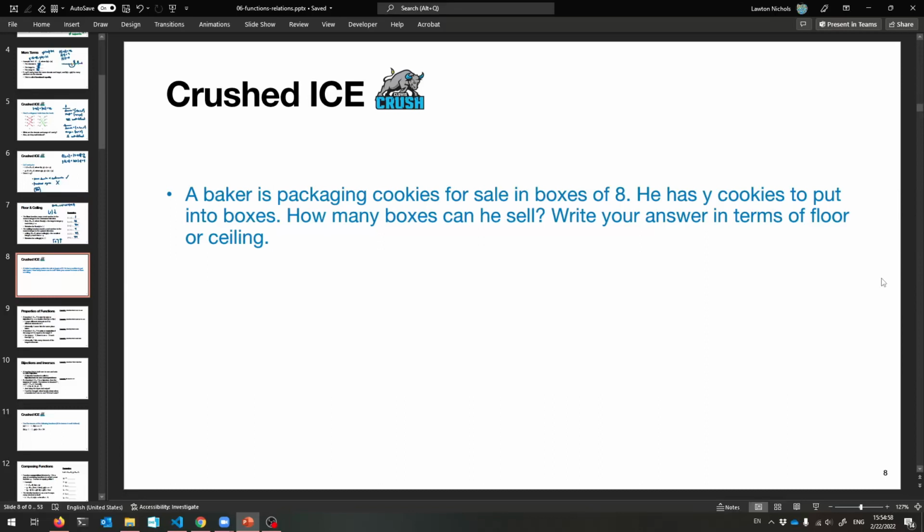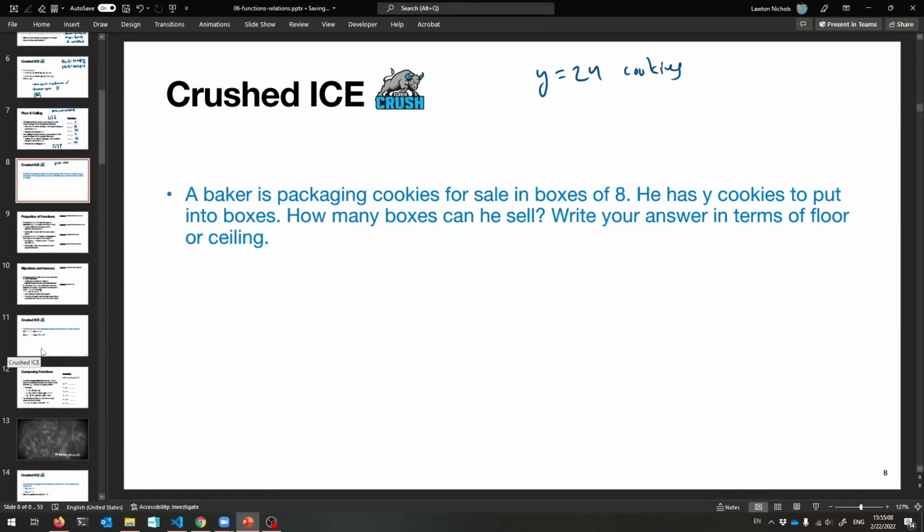All right, so let's pretend that y was a multiple of 8, right? Let's say that y is 24 cookies. In that case, how many boxes can the baker make? 3 boxes, right? If y is 25 cookies, he can still only sell 3 boxes.